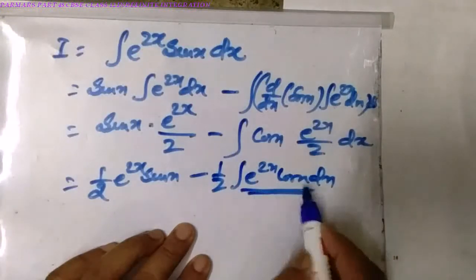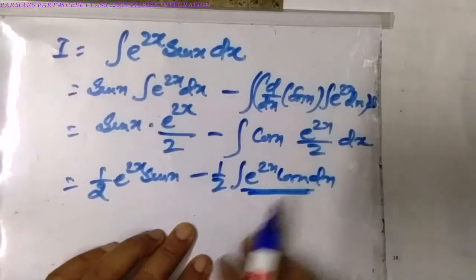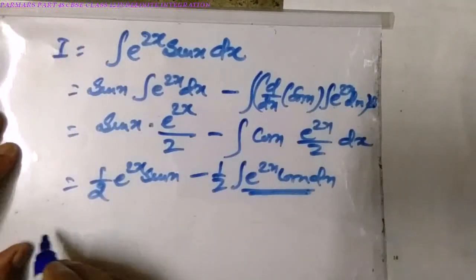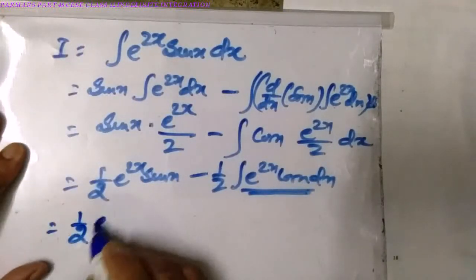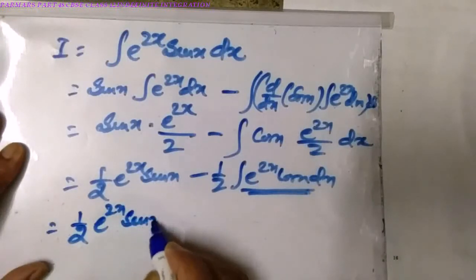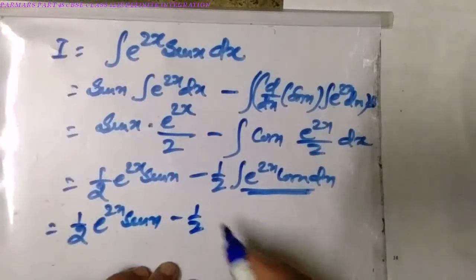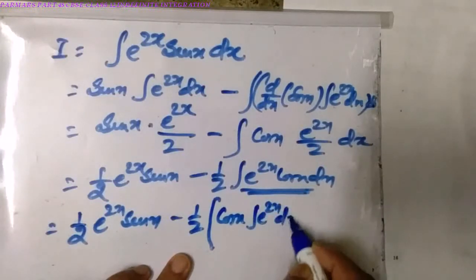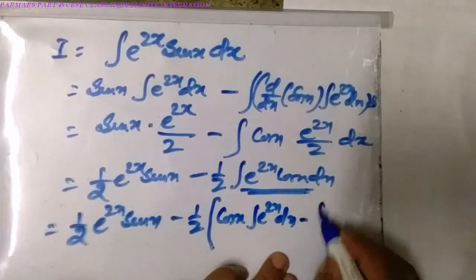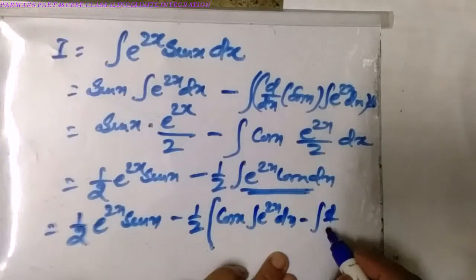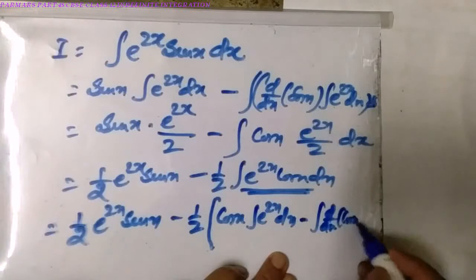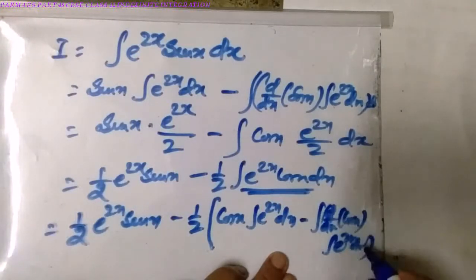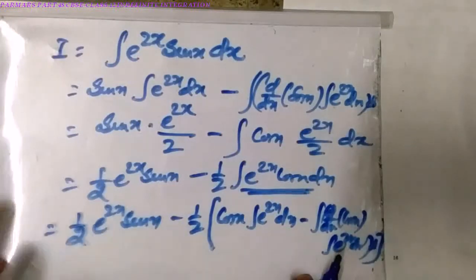Now again, in place of sin x we get cos x, so integration by parts must be applied here. Going towards 1/2 e^(2x) sin x minus half the integral of cos x e^(2x) dx minus the derivative of cos x, the integration of e^(2x) dx, and the whole dx. This is your first part.